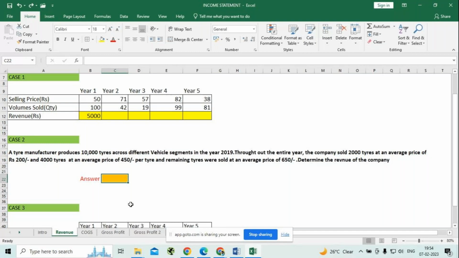So out of 10,000, 2,000 tires are sold at 200 rupees and 4,000 tires at 450 rupees, and the remaining quantity was sold at 650 rupees. So how do we calculate this? Finally, what is the revenue we generate out of this?